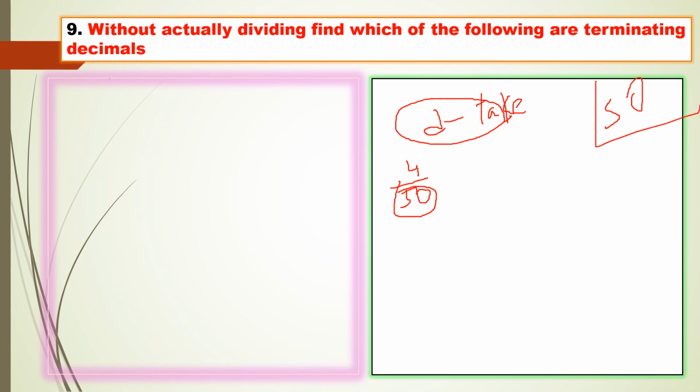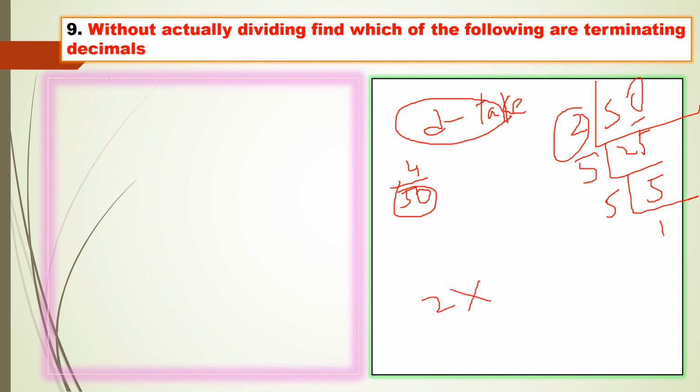50, the last digit is 0, so I can take 2. 2 25s. Again the last digit is 5, so I can take 5. 5 5s. 5 is a prime number, so it goes only in the 5 table. 5 ones. So if I write this 50 as a product of prime factors, 2 into 5 square.